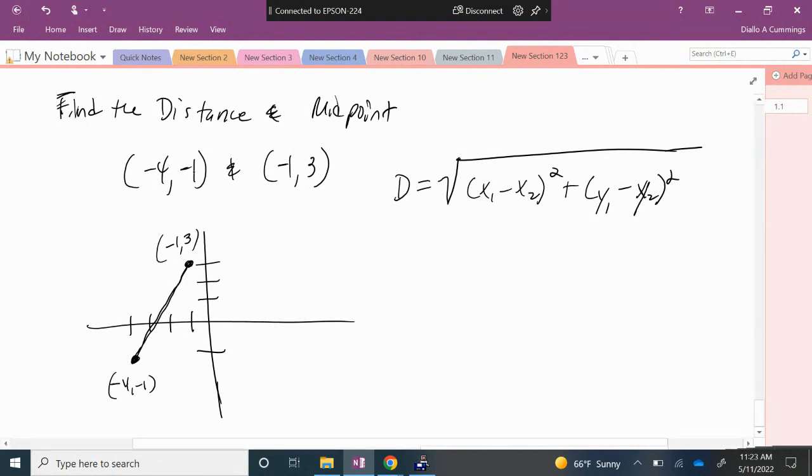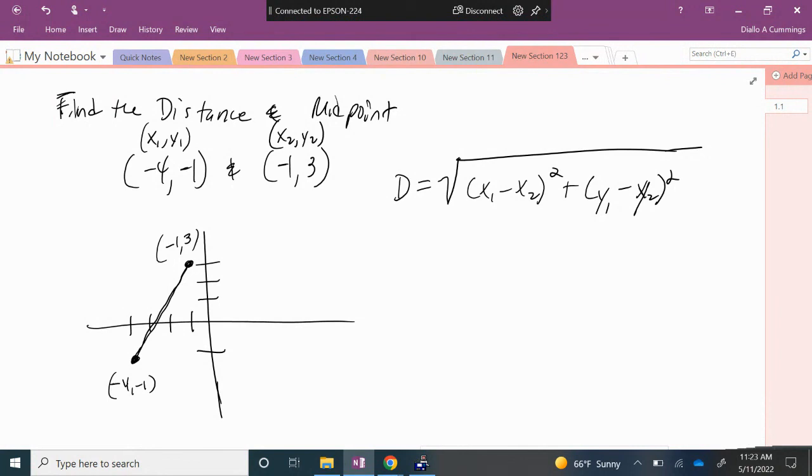I'm simply going to use this (-4, -1) as my x sub 1, y sub 1, and my second point as x sub 2, y sub 2. Now you could actually use (-1, 3) as x1, y1, and the other point as x2, y2, and that's why you may see the formula written different ways.